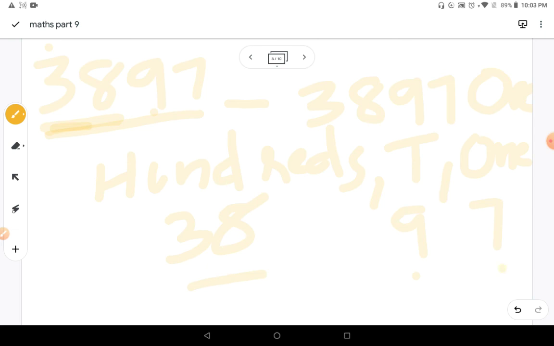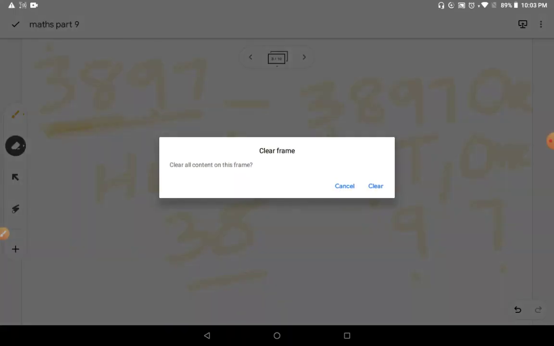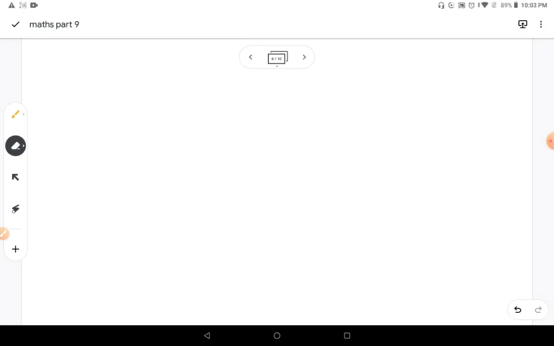Now suppose you want to represent the same number, 3897, in terms of tens and ones.